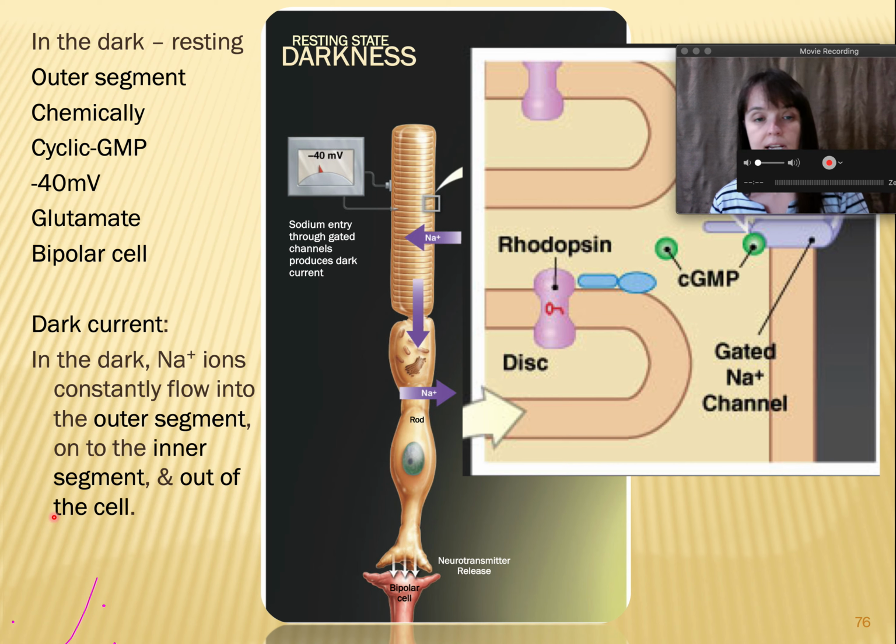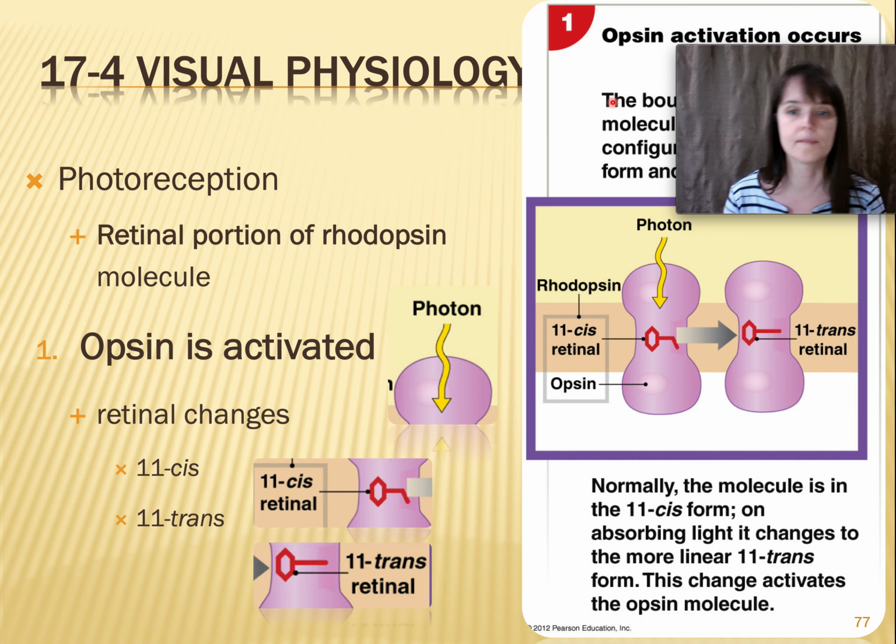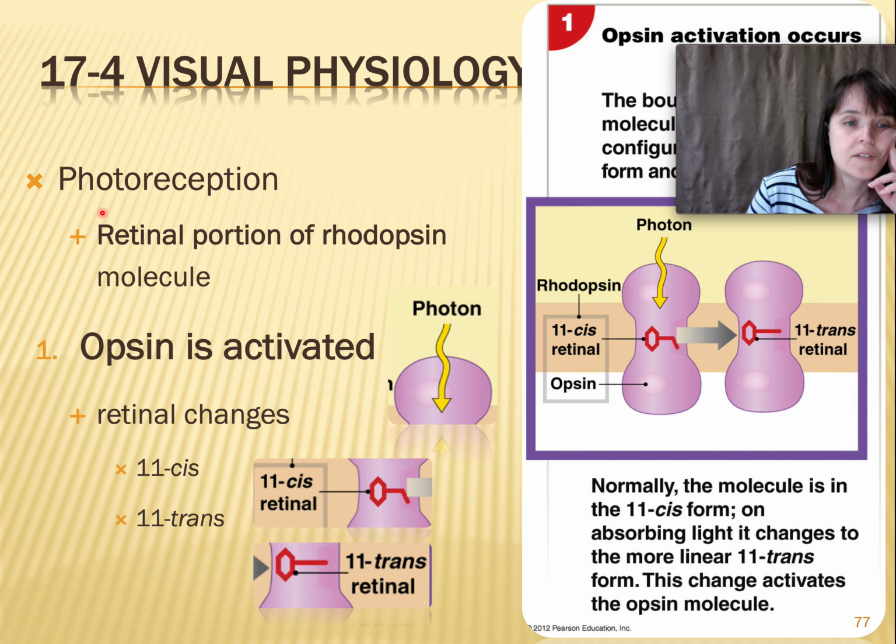Okay, now let's add a photon to the mix. So now we've added a photon, so we're at number 1 in the picture. At number 1, opsin is activated.